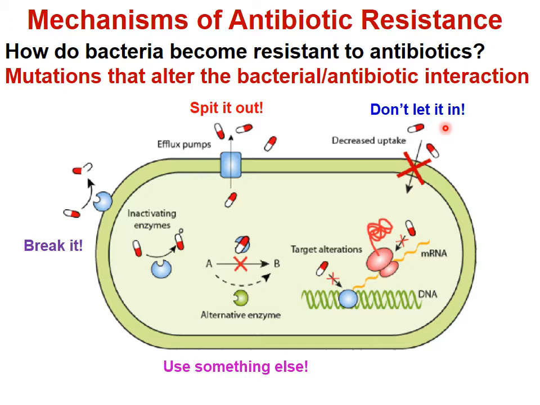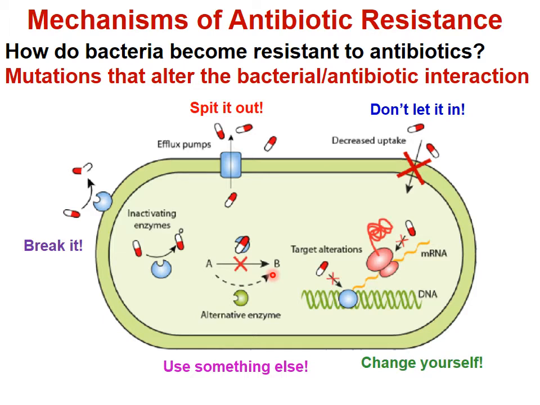A slightly more complicated way is that normally an antibiotic may work through a certain pathway. Now, if that antibiotic gets degraded by that pathway, it can find another pathway and go through an alternative enzymatic pathway.